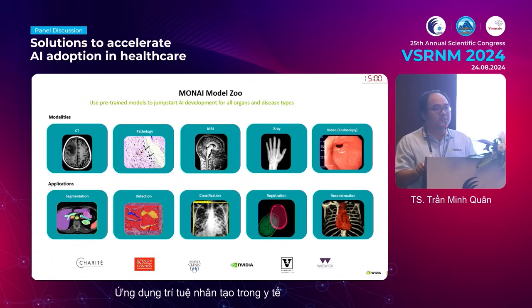Reconstruction means that several data from the scanner are not available in image format yet. For example, in CT we have a sinogram, so we have to perform filtered back projection to reconstruct that. In some cases, metal artifacts or other problems occur because we don't collect enough views, so we have to leverage the power of AI to reconstruct those images.